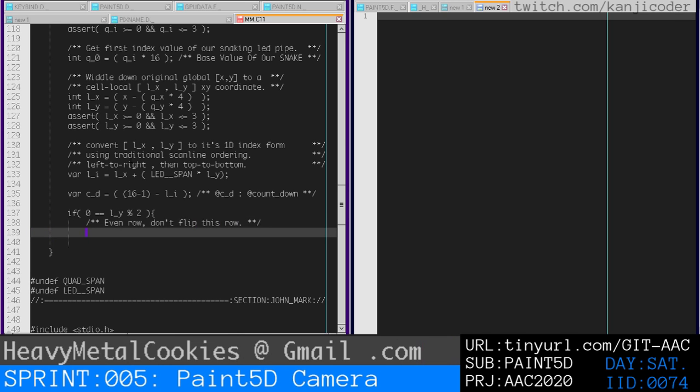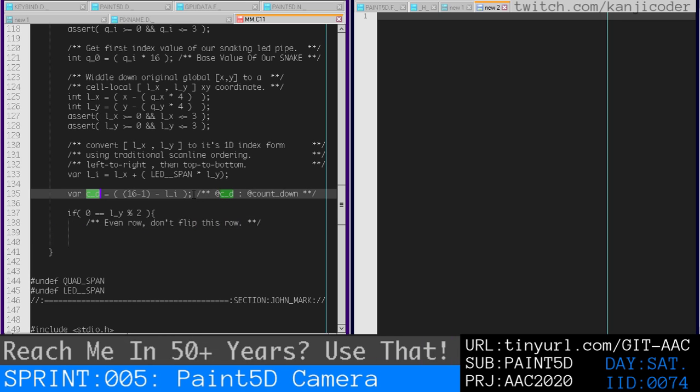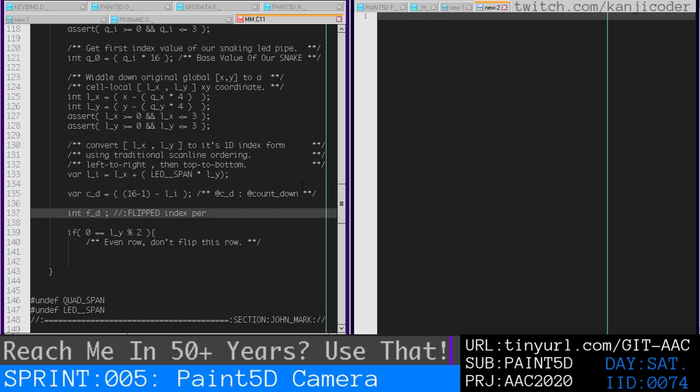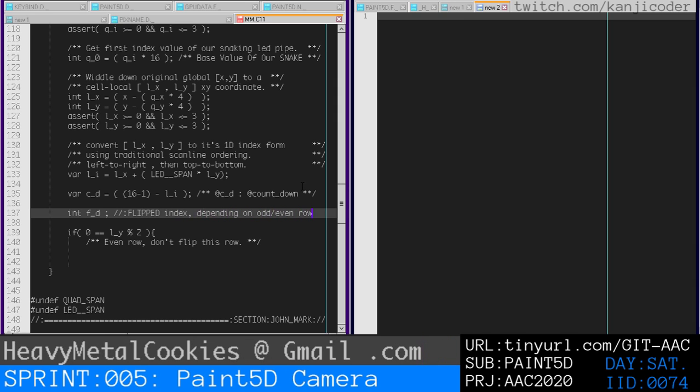And our int FD, flipped index, depending on odd even row.